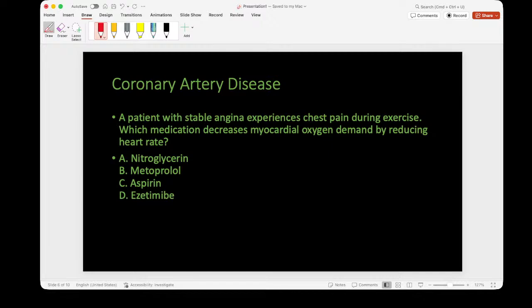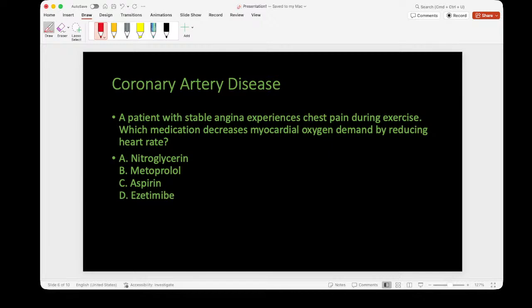I'm sure you've seen it in pharmacy practice, and for those who haven't, that one is mainly just to reduce the cholesterol. And cholesterol in this case doesn't really have anything to do with the stable angina the patient is experiencing. Although there could be some similarities maybe, it's not really going to help with reducing the myocardial oxygen demand.